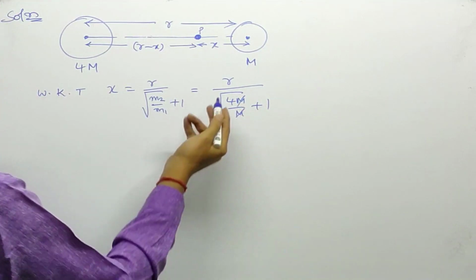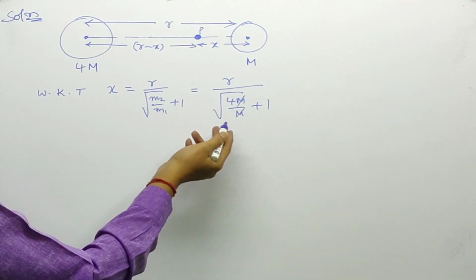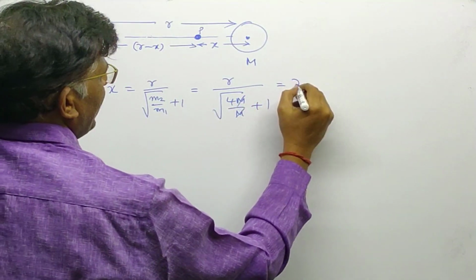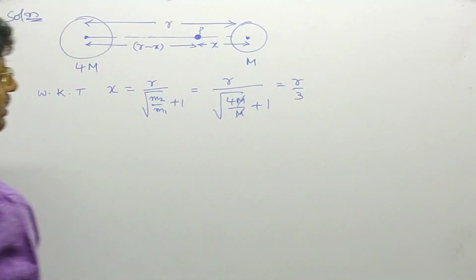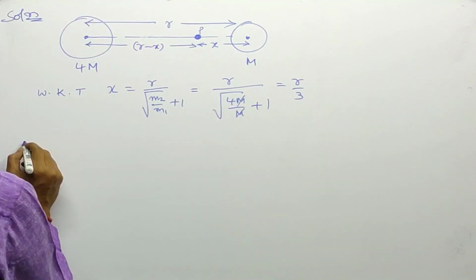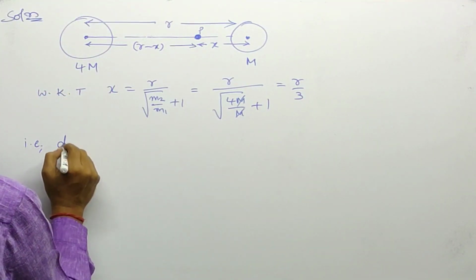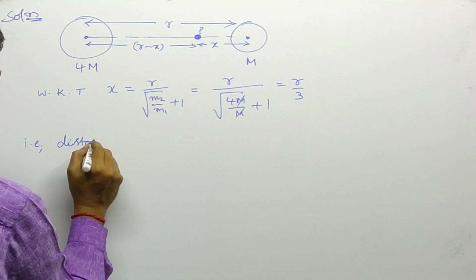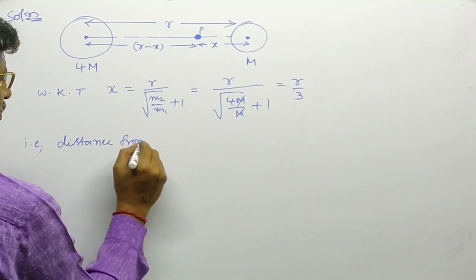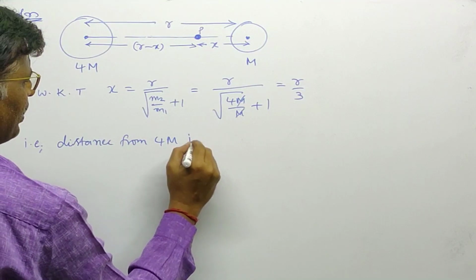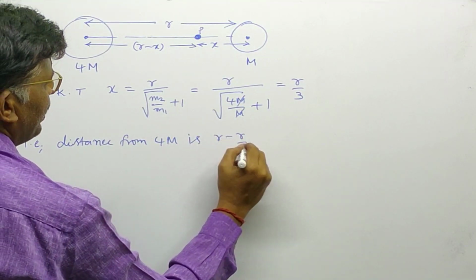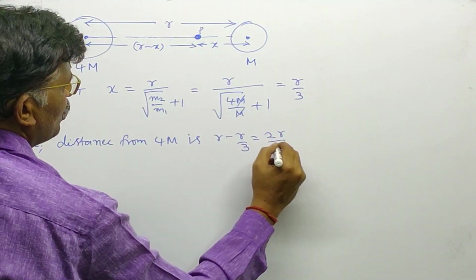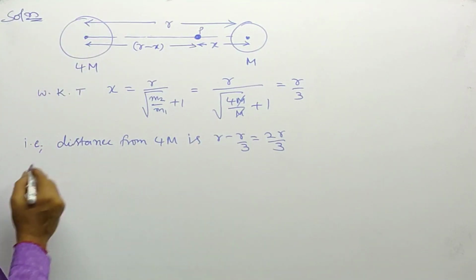Here m cancels, root 4 is 2, 2 plus 1 is 3. So x is equal to r by 3. The distance from the larger mass 4m is r minus r by 3, that is 2r by 3.